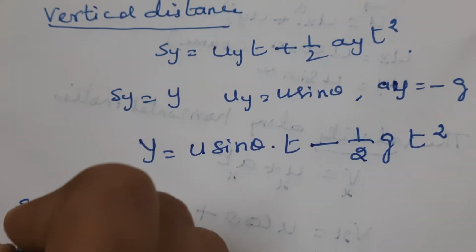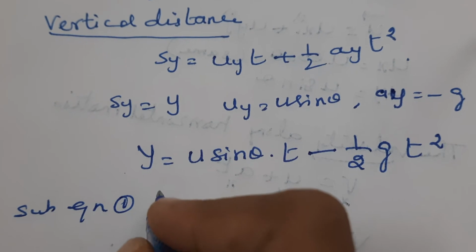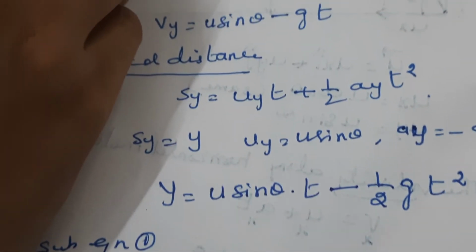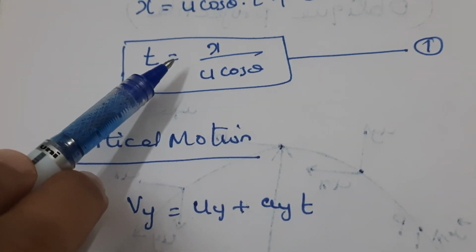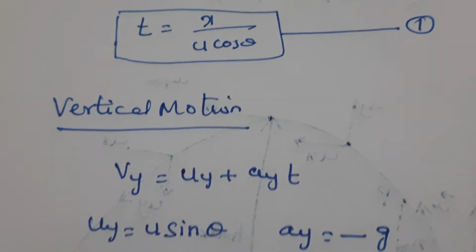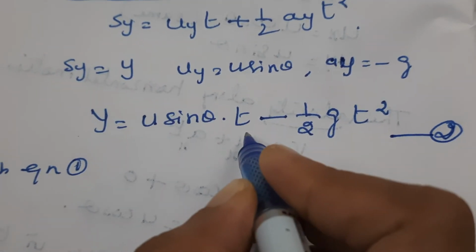So substitute the equation 1, that is t equal to x by u cos theta, in equation 2. This is the equation 2.